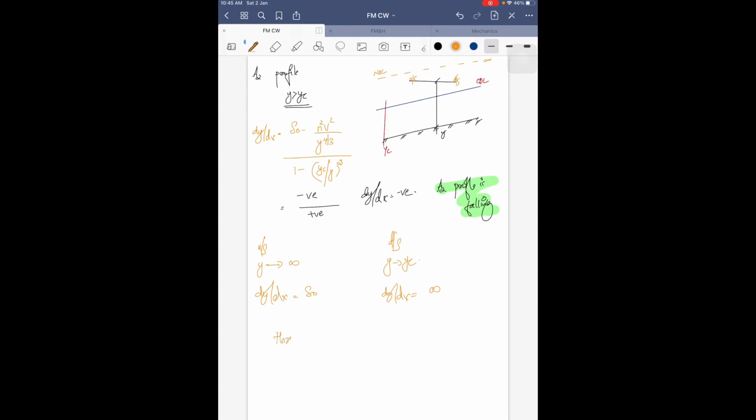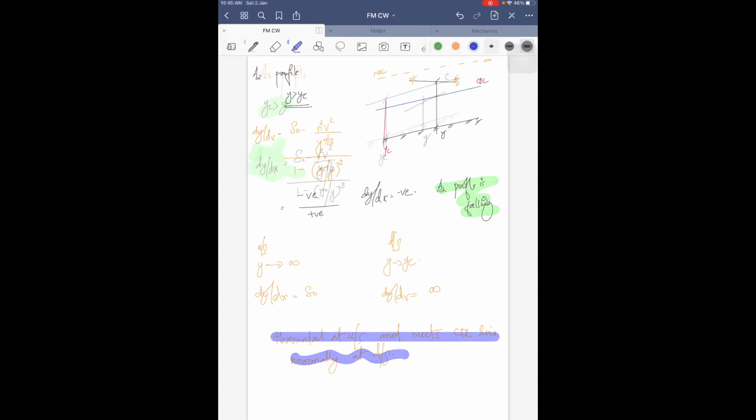It is horizontal at the upstream side and meets the CDL line normally at the downstream side.